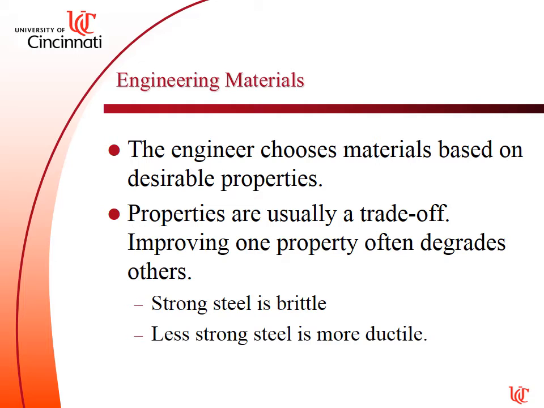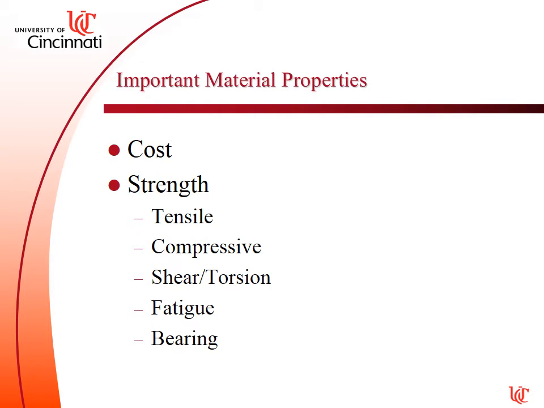Steel is good in tension. Steel is good in compression. Steel is pretty good in shear. Steel, for most parts, is pretty good in fatigue and bearing. But you get to something like concrete. Concrete's not very good in tension, not very good in shear, pretty good in compression. And things like wood, wood is going to be a material that is very different in tension versus compression versus shear, but wood's pretty good as far as fatigue goes.